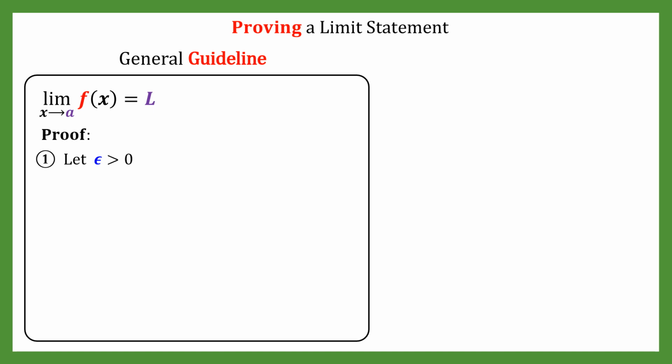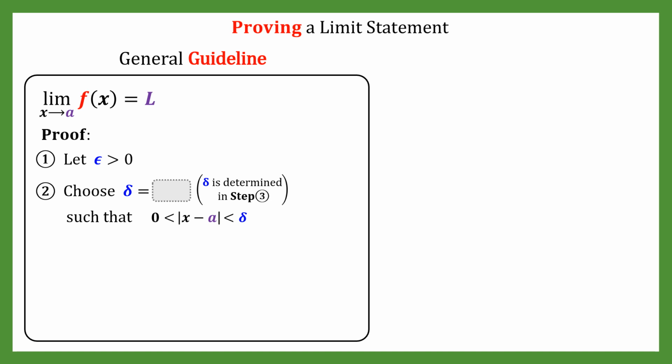The second step is to note that a delta value needs to be chosen such that the absolute value of x minus a is greater than 0 and less than delta. And we need to keep in mind the delta value chosen is determined in step 3.